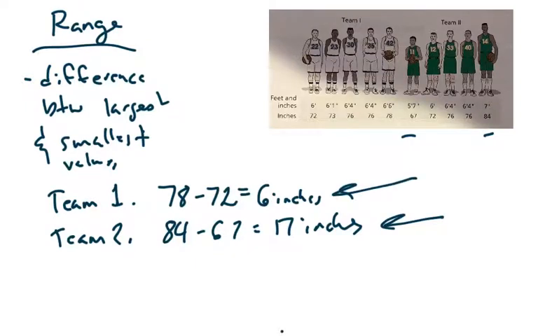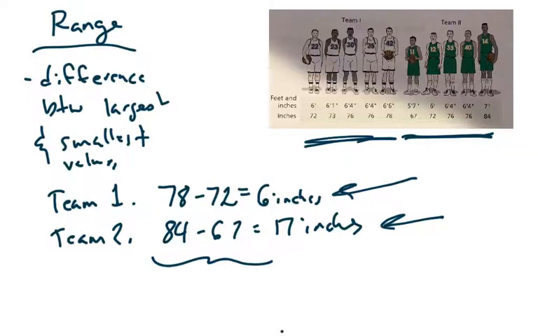What this tells us is that Team 2's data is a little bit more spread out than Team 1's. However, it doesn't take into account any of that middle data, so these could be outliers. Just be aware that range is the weakest of these measures of variation, because it only takes into consideration the largest and the smallest.